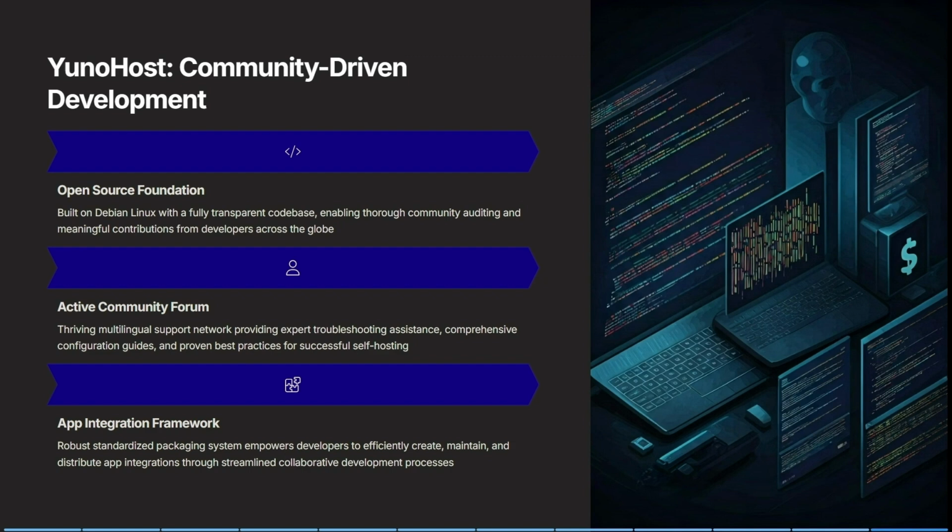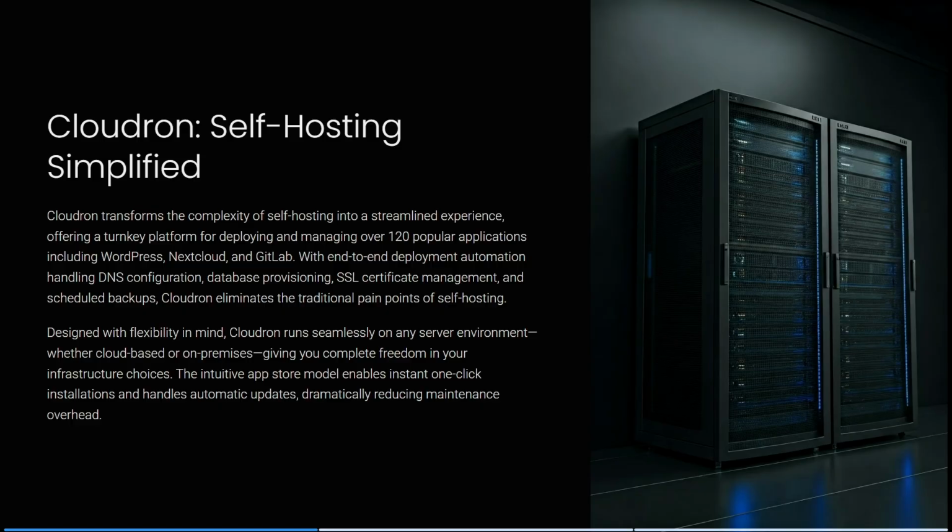It has a robust, standardized packaging system which empowers developers to efficiently create, maintain, and distribute app integrations through streamlined collaborative development processes. Okay, so let's have a look at Cloudron and how they are simplifying self-hosting.